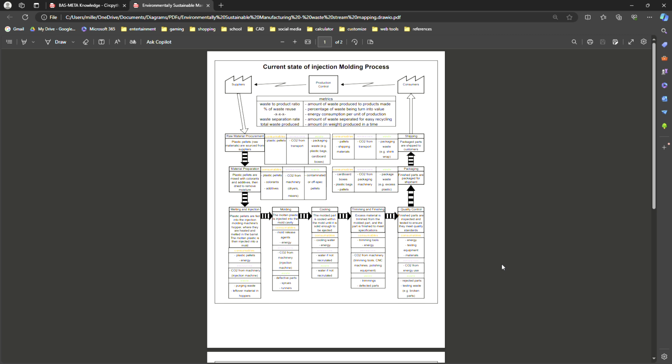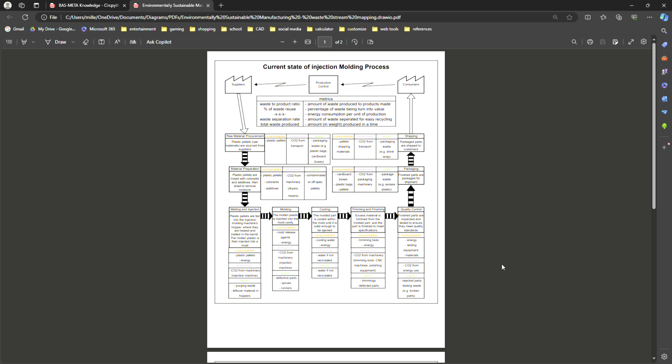Next is quality control, which is ensuring that parts meet quality standards, and this consumes energy, testing equipment, and materials, and produces emissions from the energy used. And waste from this are rejected parts or testing waste.